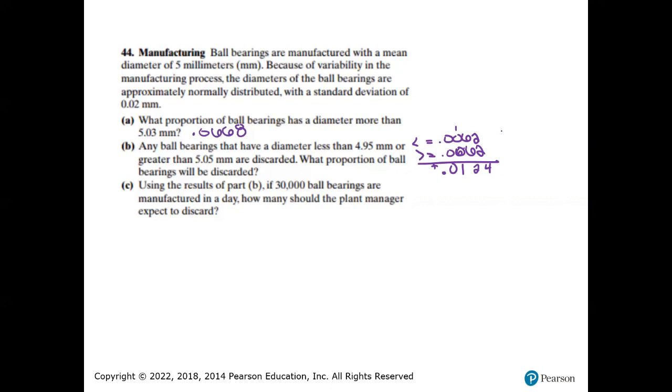Using the results of part B, if 30,000 ball bearings are manufactured in a day, how many should the plant manager expect to discard? Well, if this percent is discarded of the 30,000, well, we just have to figure that out. 0.0124 are discarded of 30,000.